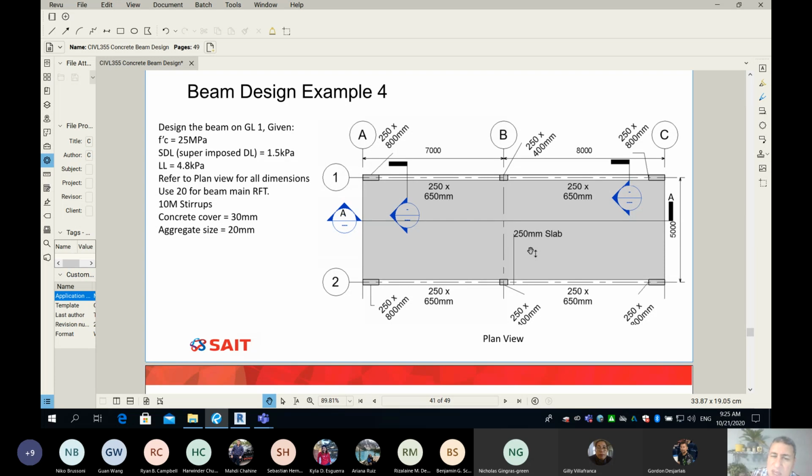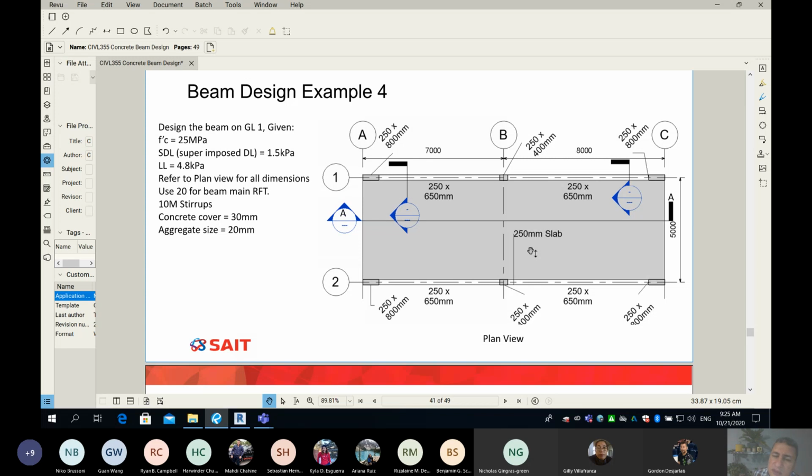So basically, you can see we have grid lines. We have horizontal grid lines, 1 and 2, and vertical grid lines A, B, and C. We also have some dimensions on the grid lines. Between 1 and 2, there is 5 meters center line to center line. Between A and B and B and C, there are 7 and 8 meters respectively.